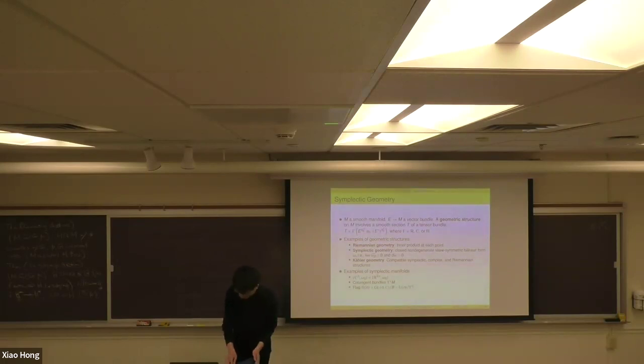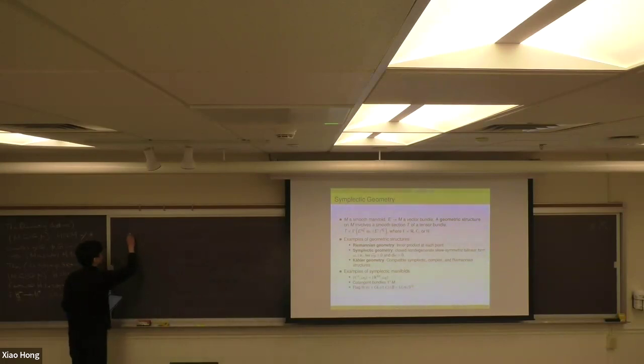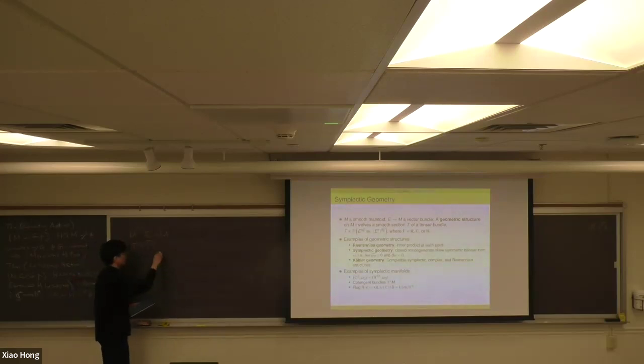Suppose we have a smooth manifold M and we have a vector bundle over it. When we say geometric structure, we are often saying a smooth section of a tensor bundle.